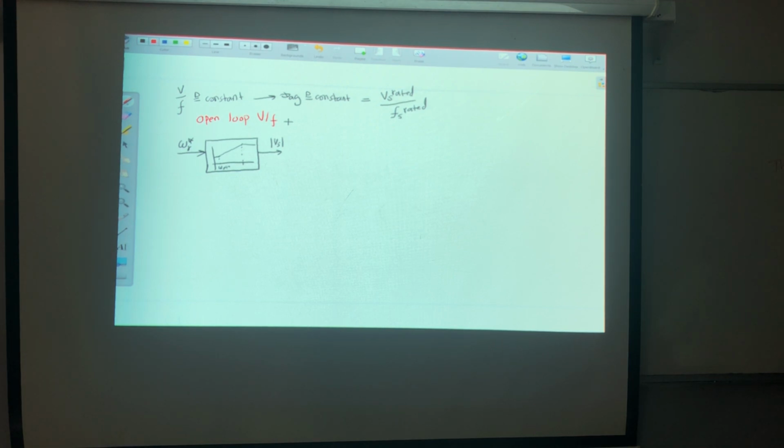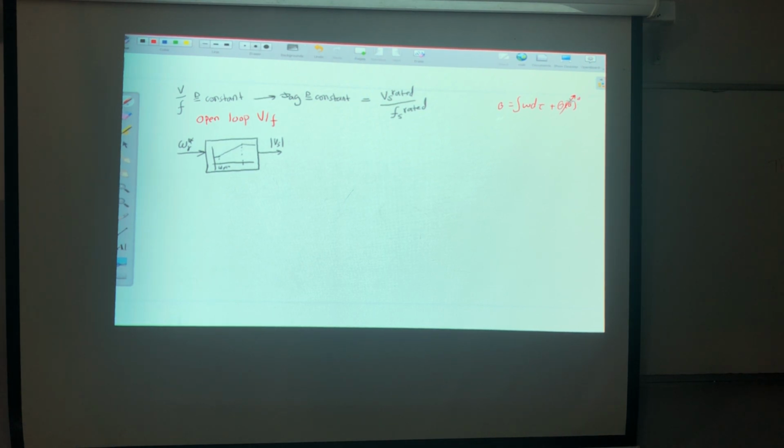So I will try to live with what I have, which is omega r star. I will assume that if I integrate this, I will get theta. You know that the integration of omega is theta, the integral of omega d tau, and of course plus theta of 0. Let's assume this one is 0.